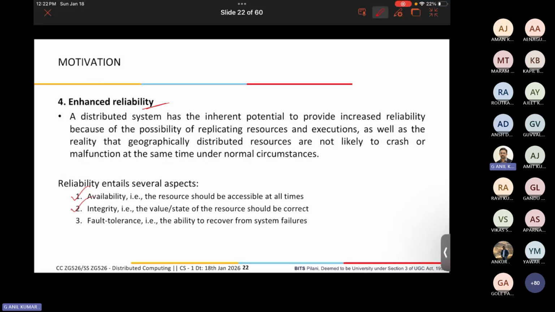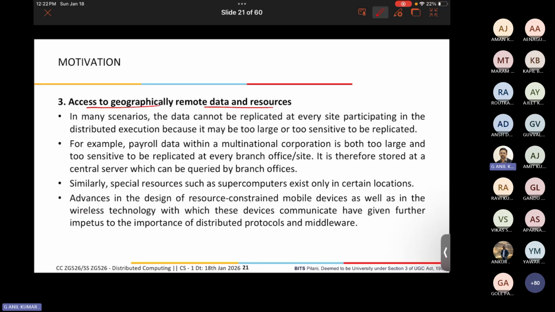Integrity, where we need to work a lot to make sure the systems are consistent and integrated. And better fault tolerance mechanisms. Fault tolerance is about the tolerance of an entire system towards failures, which can be software, hardware, or network at any level. What is the tolerance level of a particular system during failure, how well it can recover and how well it can stabilize, is defined by fault tolerance. So these all three contribute to your reliability factor.